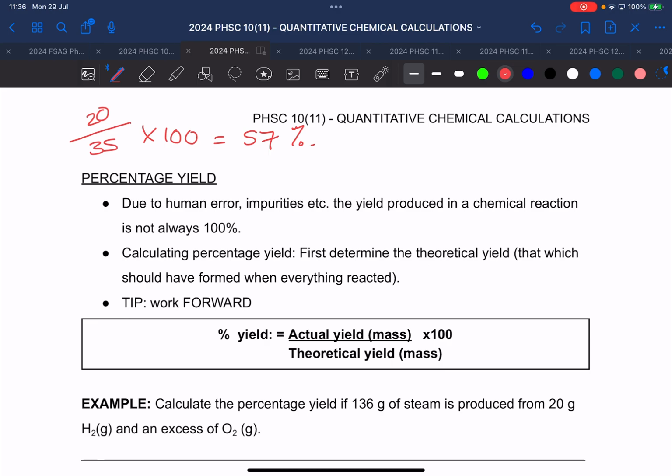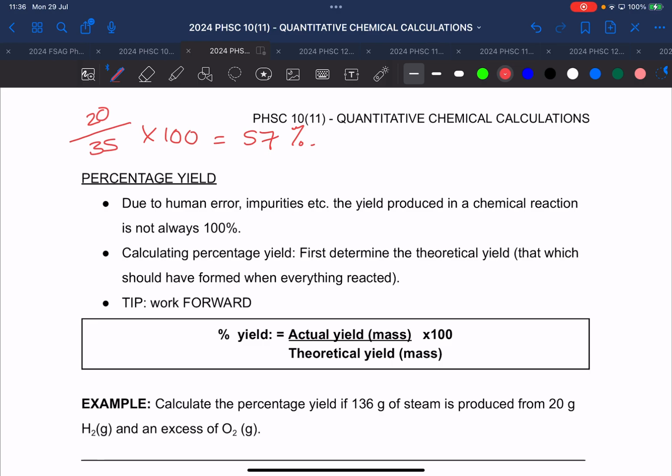Some of it is actually oxygen, or it was dirty because kids or me were touching it and there's oil on there. So sometimes in a science experiment, according to a piece of paper and the calculations that we do, we think we must get 200 grams of product. And then we do it and we only get 75 grams of product. Then we determine what is our percentage yield, how efficient was our experiment.